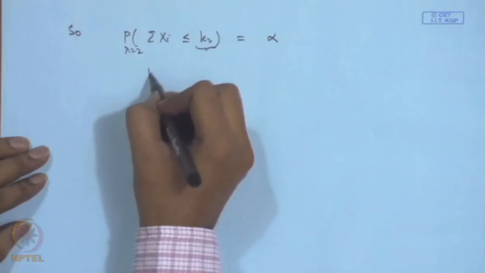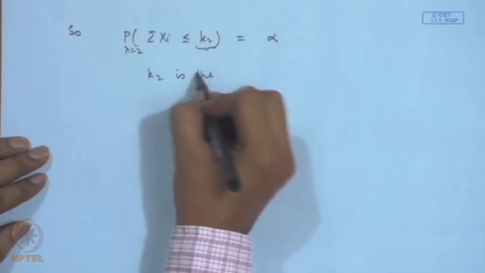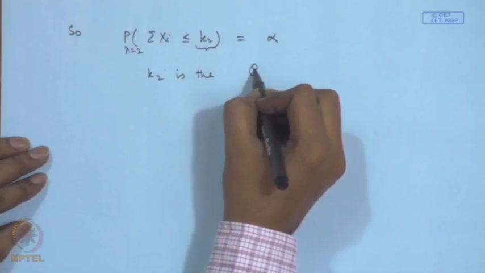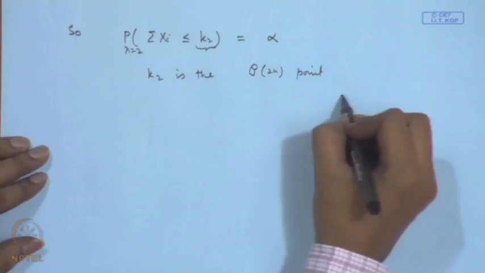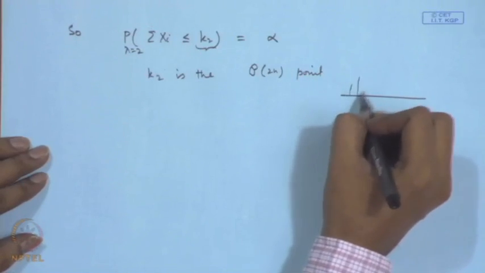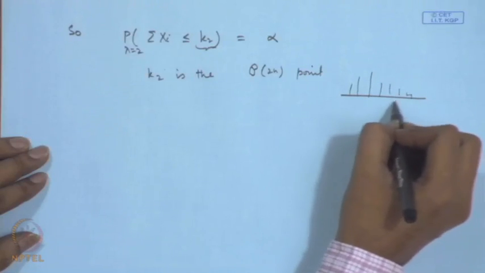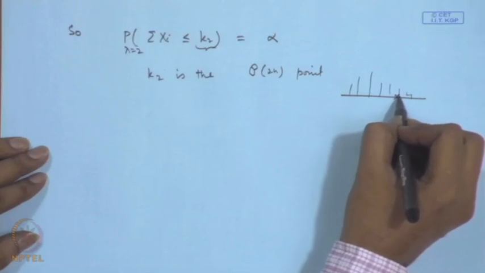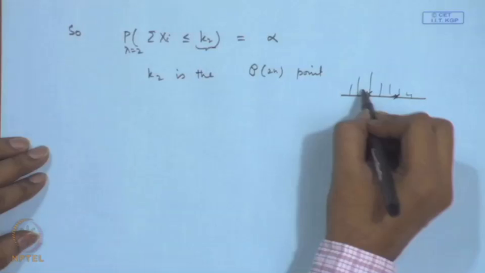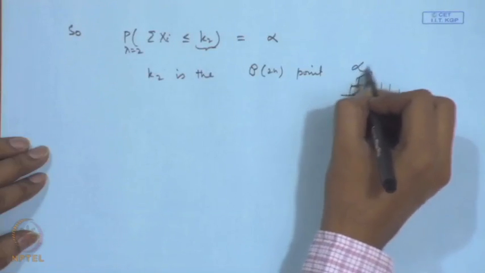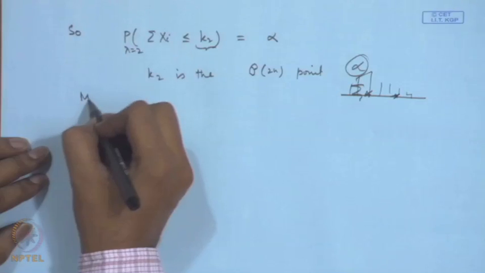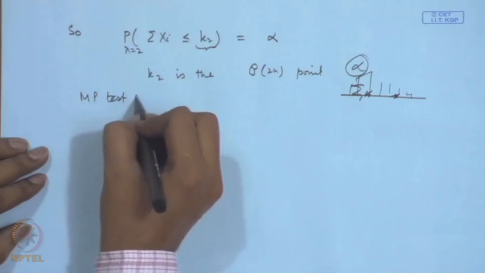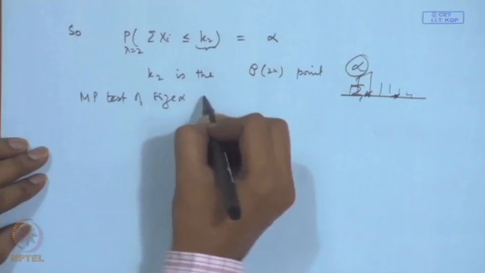That means k 2 is the point on the Poisson 2 n distribution such that the probability up to this is equal to alpha, up to this the probability is summed up to alpha here. So, this will be the most powerful test of size alpha here.